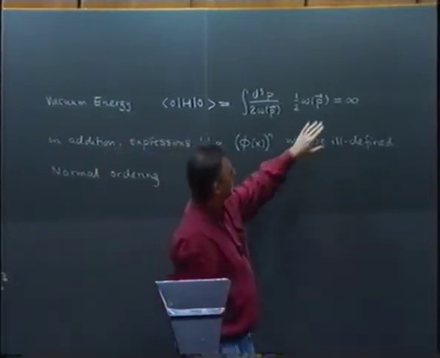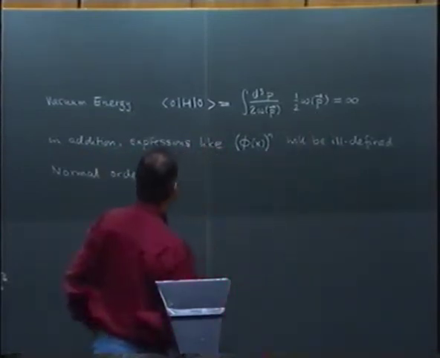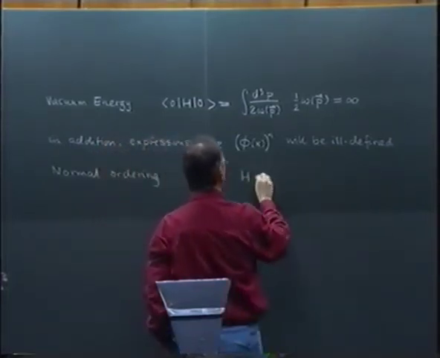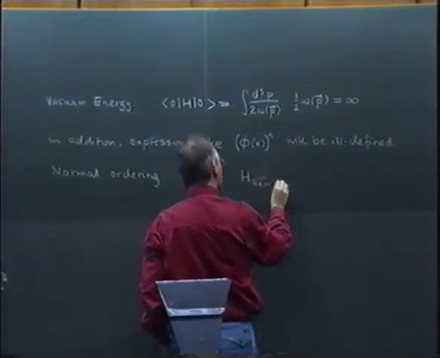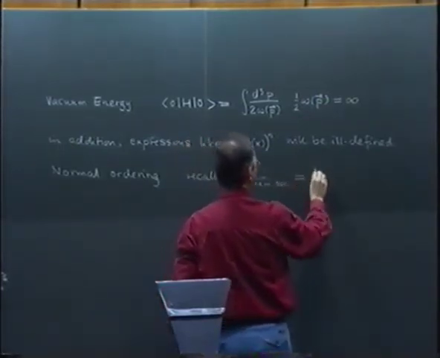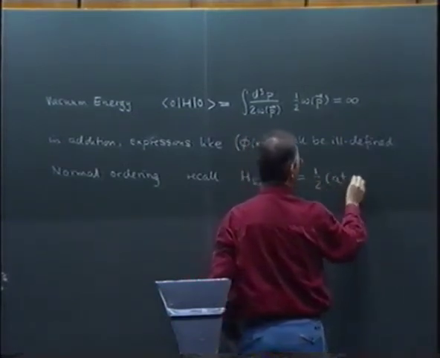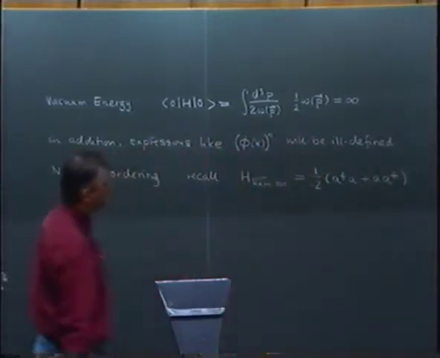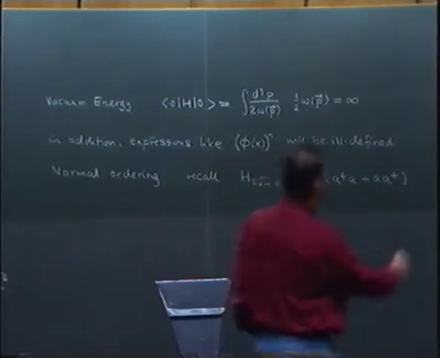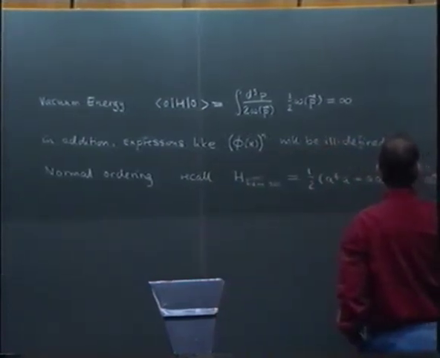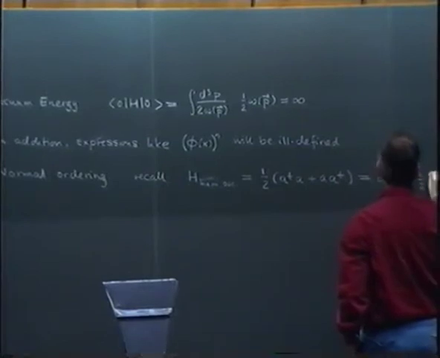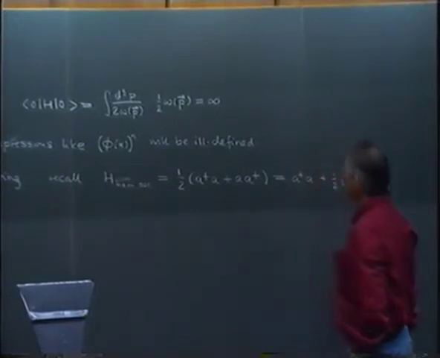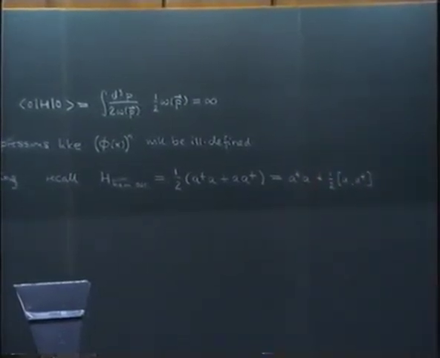In order to see what this is, recall where it comes from in the harmonic oscillator. Recall that the Hamiltonian for the harmonic oscillator, when you calculate it, is given by A dagger A plus A dagger A. And then you write this as A dagger A plus 1/2, with h bar omega set equal to 1.